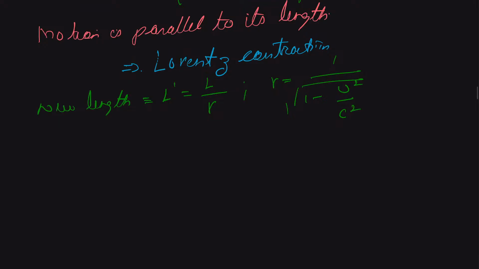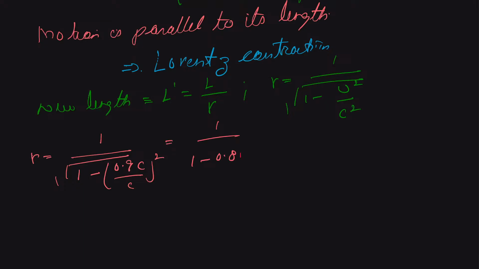Therefore we can write that our gamma is equal to 1 upon the square root of 1 minus 0.9 c divided by c whole square. So this will be 1 minus 0.81 under the square root. So value of gamma will be approximately equal to 2.29.